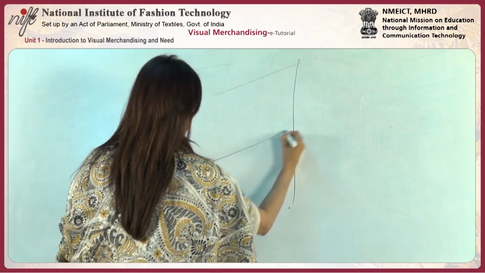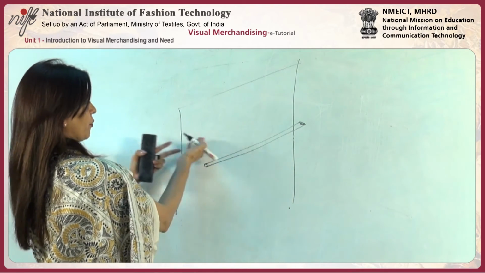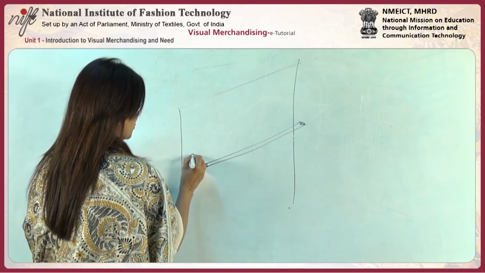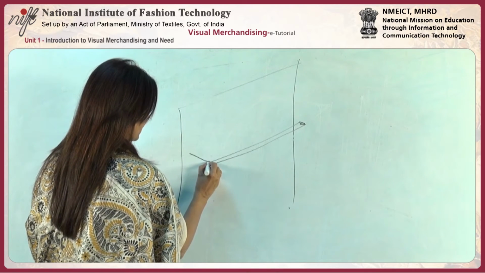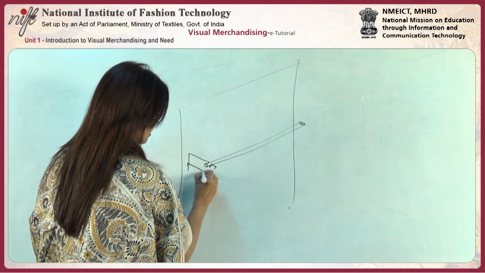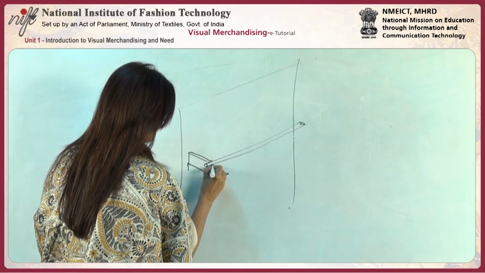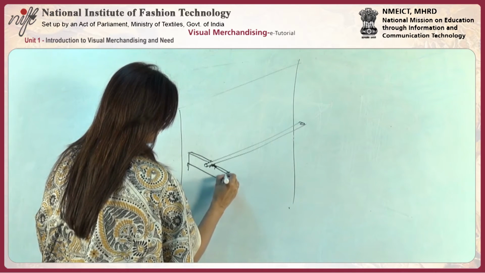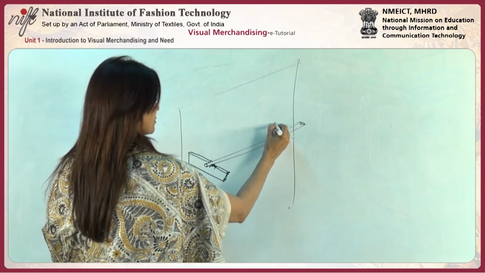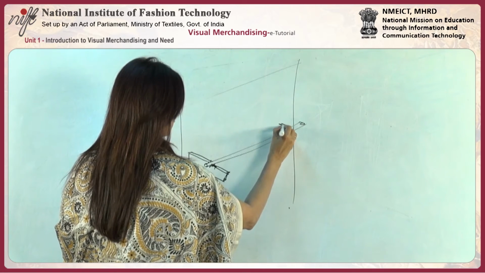So there would be a rod that's placed, but how do we connect the rod to the wall? So we have a unit which comes something like this, and this would be pegged to your wall.